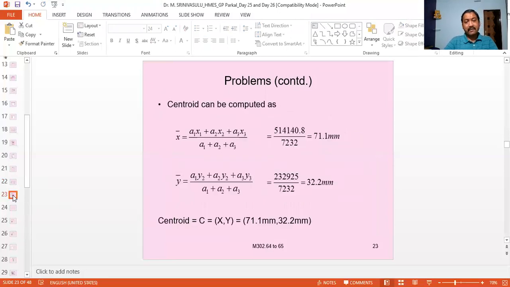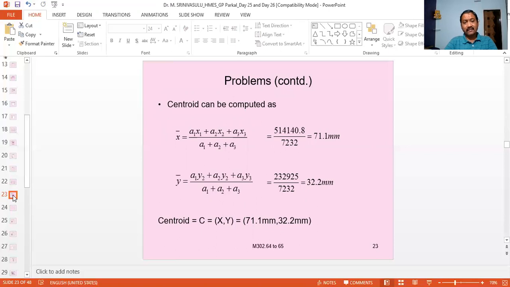Now after finding out all these terms, the next step is to find out the centroid by applying the formula. Here x bar is equal to a1 into x1 plus a2 into x2 plus a3 into x3 by a1 plus a2 plus a3, that is sigma ai xi by sigma ai, that is equal to 514,140.8 by 7232, that is equal to 71.1 millimeters.